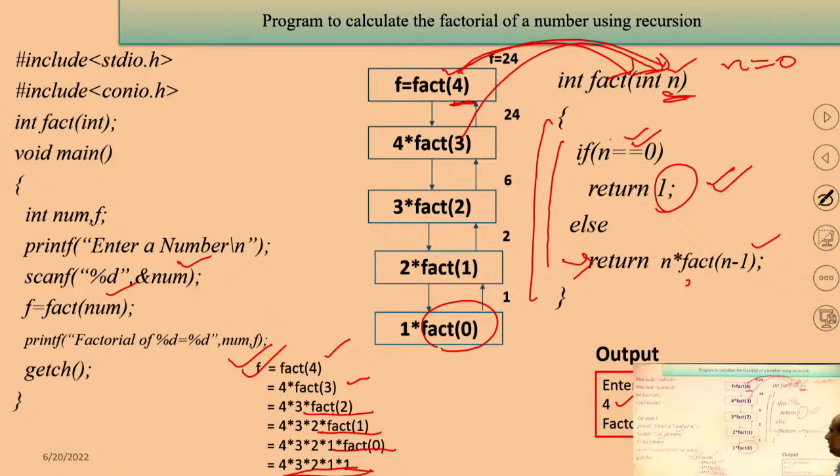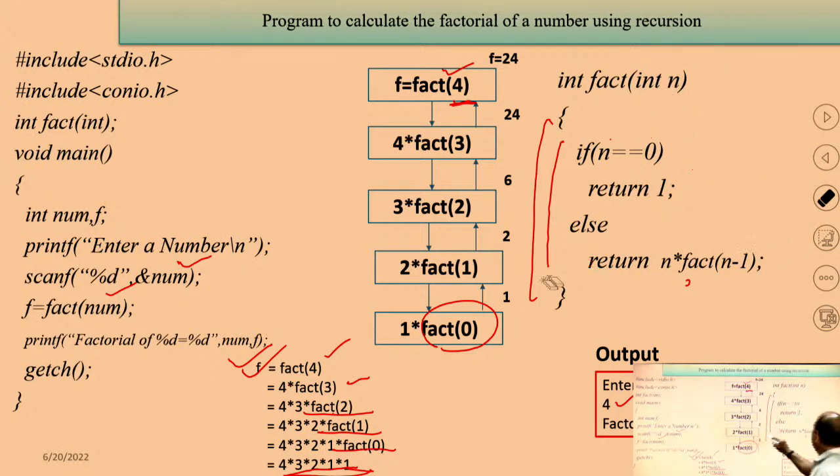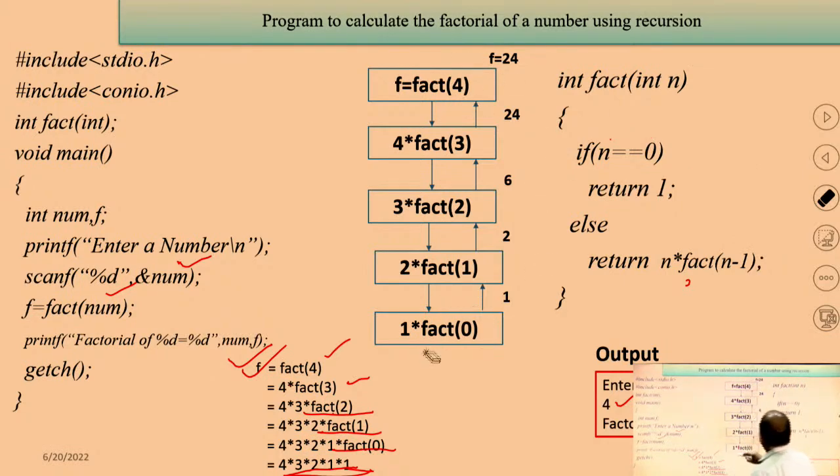One more thing I want to explain over here, that whenever recursive calling is there, there is management of stack. Stacks are managed to push and pop the intermediate results, and maintaining the stack increases the running time of your program.